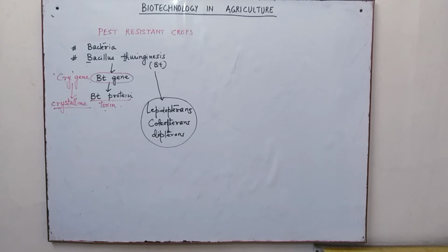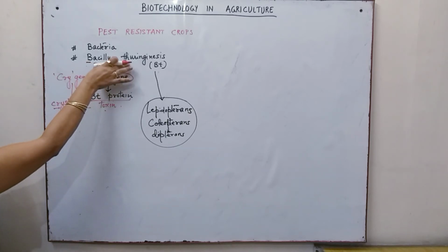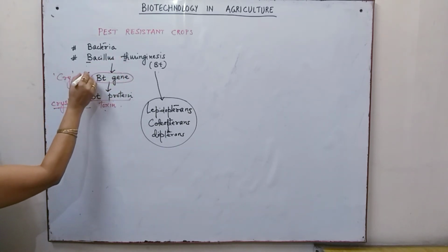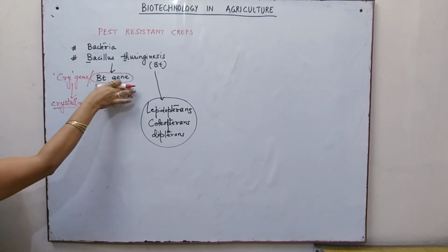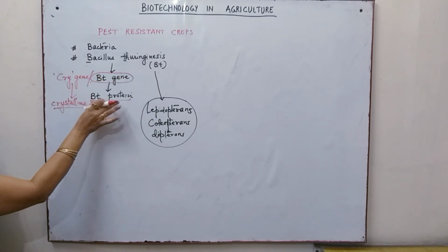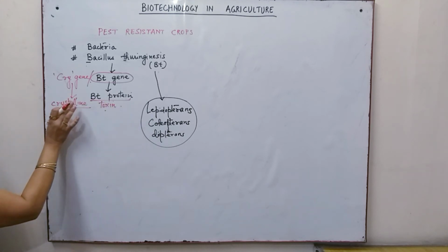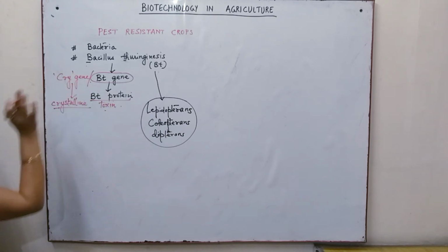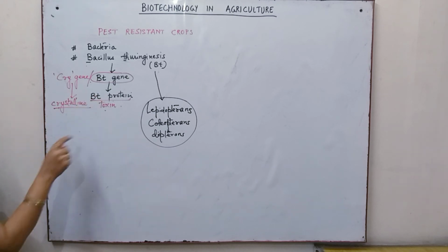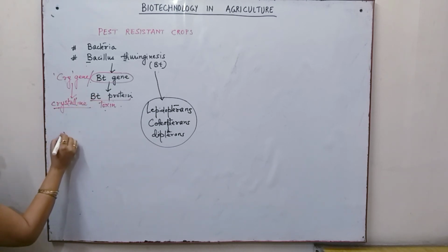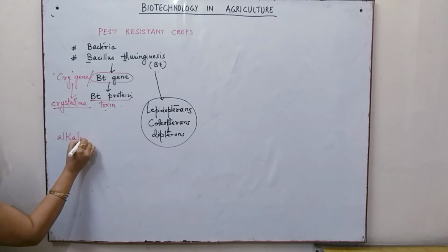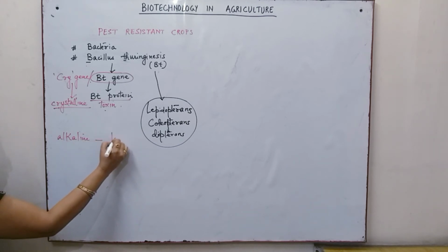Now this protein is crystalline, and when dissolved in alkaline medium, it turns toxic. So what happens is, this bacteria has the cry gene or the Bt gene, which produces the Bt protein, which is toxin and crystalline in nature, therefore the name cry gene. This Bt protein in alkaline medium turns toxic.